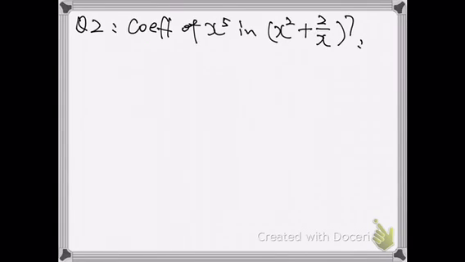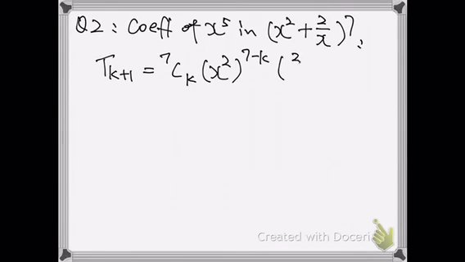Now again, we are going to use a specific term. So let's write T_{k+1} equals 7Ck times x^2, which is a, to the power of 7 minus k, and the second term b, 2 over x, to the power of k.